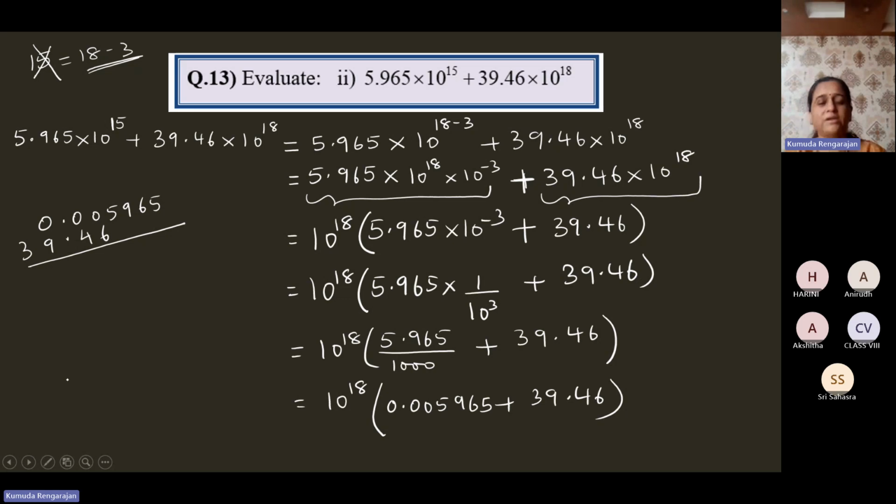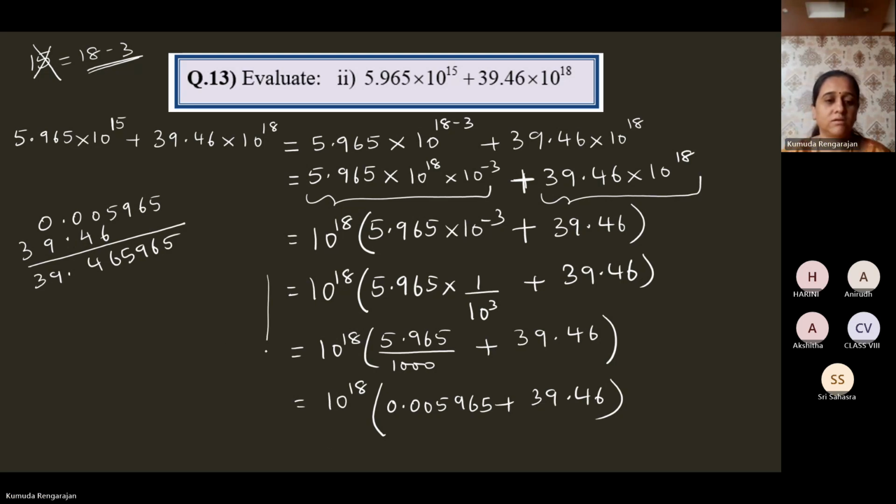The decimal point in the two numbers should be aligned, should be one below the other. Now add. So it'll be 39.465965.